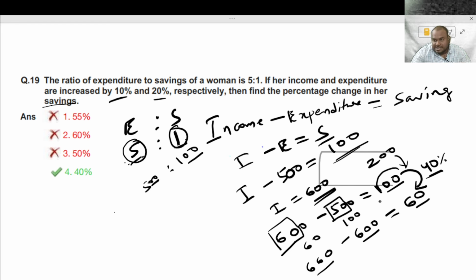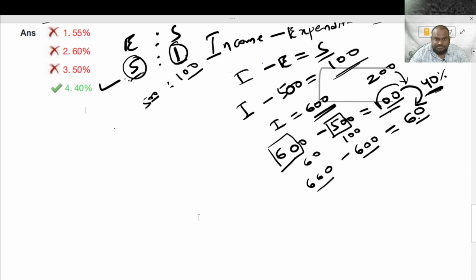But as it is 100 there itself, 100 becoming 60 is nothing but a 40% change. Sometimes they ask how much percent it is decreased, and the answer is the same, 40% decreased. Percentage change and percentage decrease are the same.